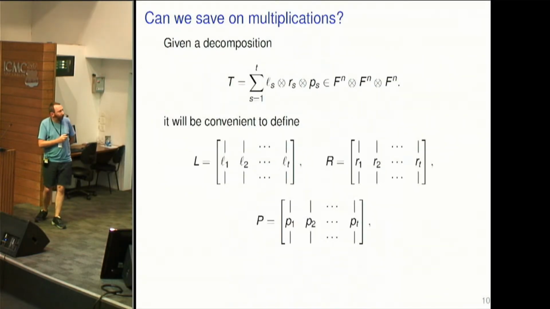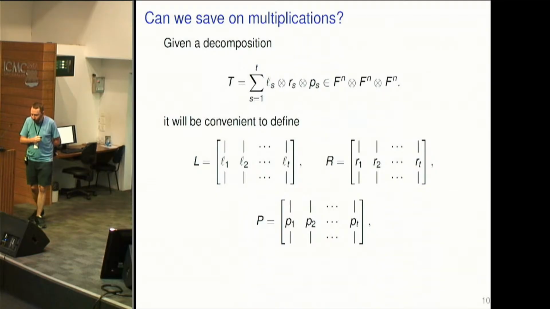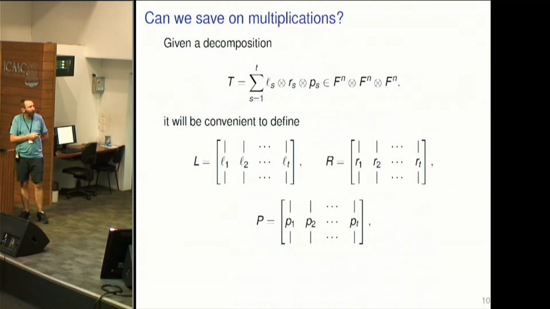Okay, so just to introduce a couple of things I'll use later on. When I have this tensor decomposition into these L, R, and P guys, I'll just pack them together into matrices to be able to study them a little bit more easily. So my vector is going to have length n, and then I'm going to have t columns. So I'm going to have a t by n, n by t matrix, sorry.